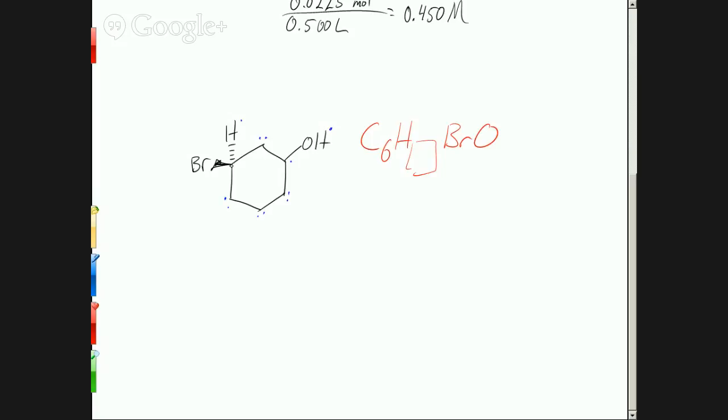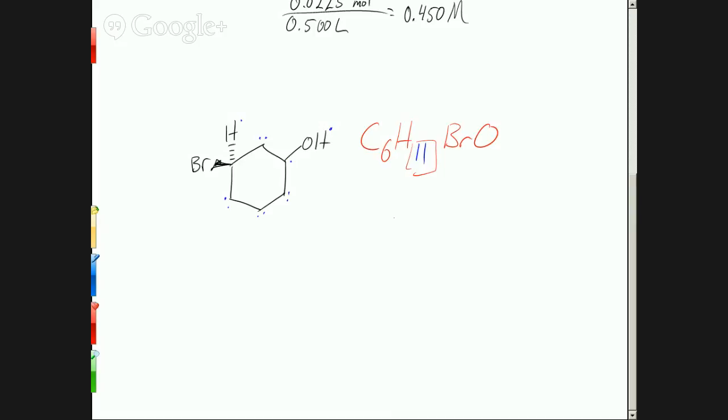What about this one? No extras, right? It's got this hydrogen on it, which is shown, but it can't have any more because that's 1, 2, 3, 4 things connected. So that's all our hydrogens. We count them up: 1, 2, 3, 4, 5, 6, 7, 8, 9, 10, 11. So that's going to be C6H11BrO, which in this case is answer B.